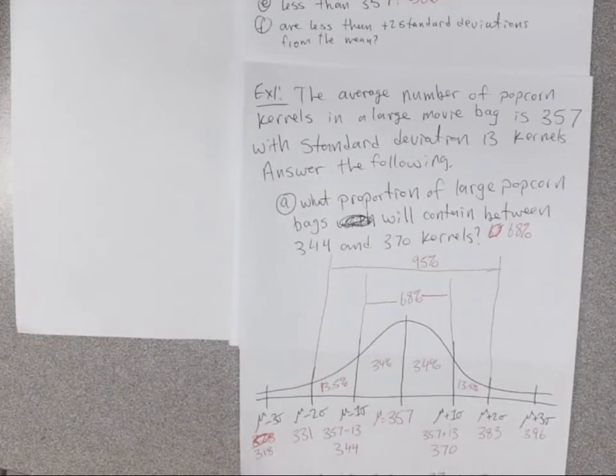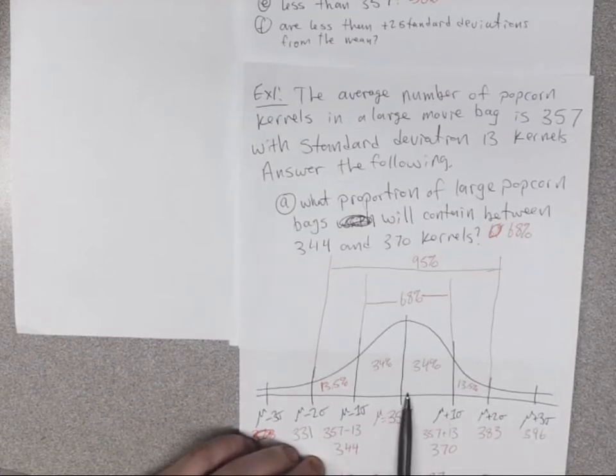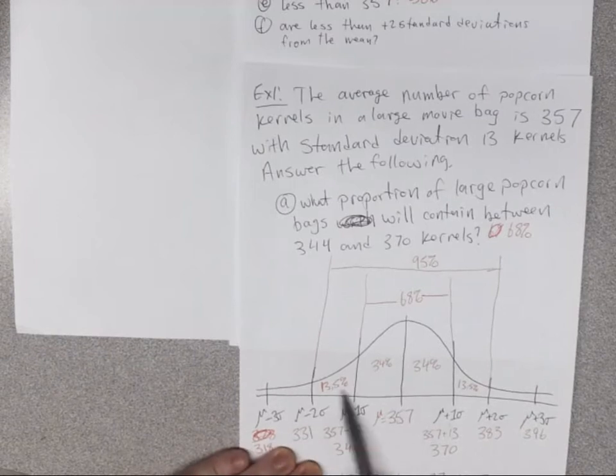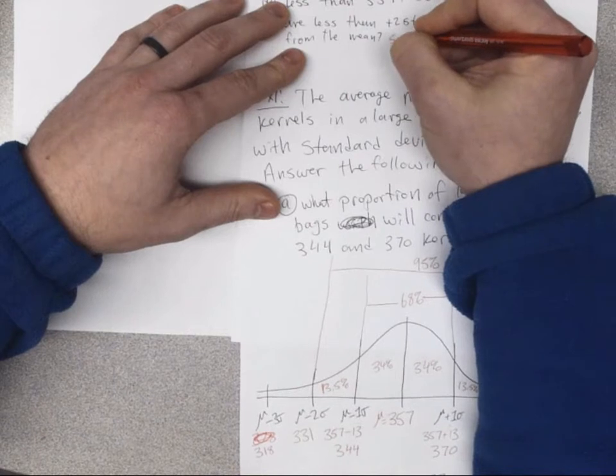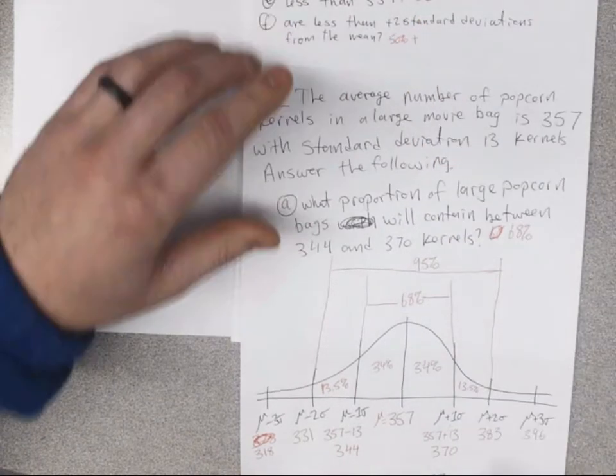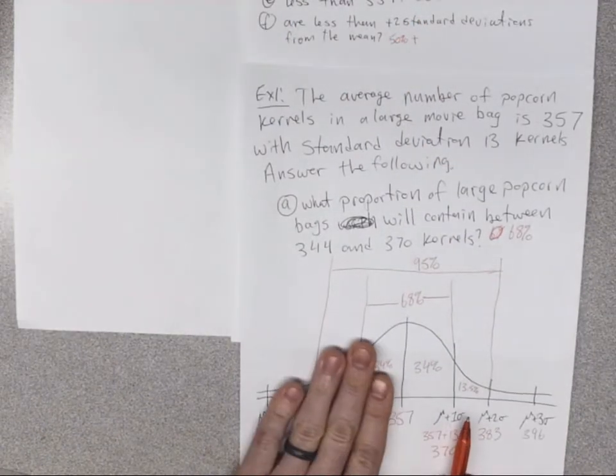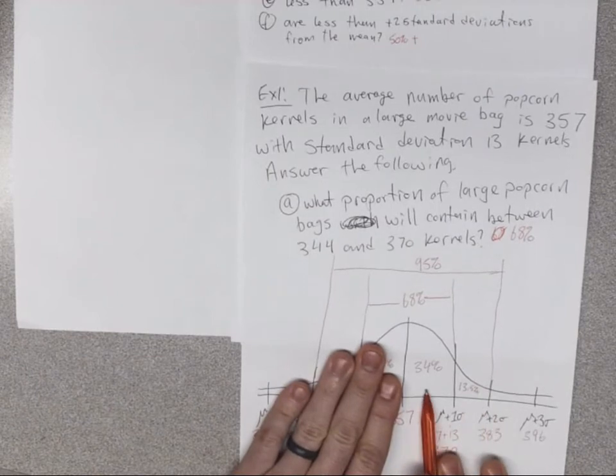So what's the easiest way to go about that? Well, we know that from here, 357, this is all 50%. So I'm going to come up here and write 50% plus, so we took care of this portion, and then now I just need to add these two.